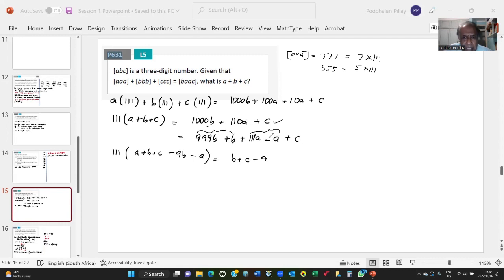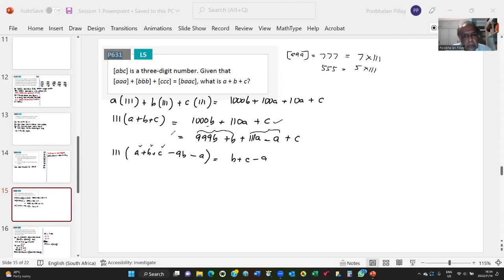So you're rewriting this cleverly by trying to get a 111 into this. This is 111 times 9, and this is 111 times A. Now you can take these numbers to the other side, and you'll see 111 goes into this as well. So you get 111 into A plus B plus C on the left-hand side.